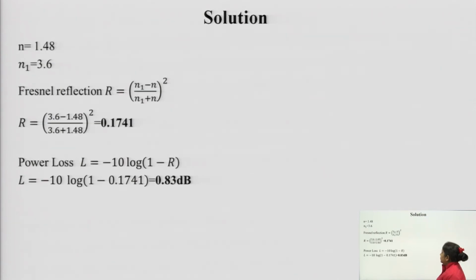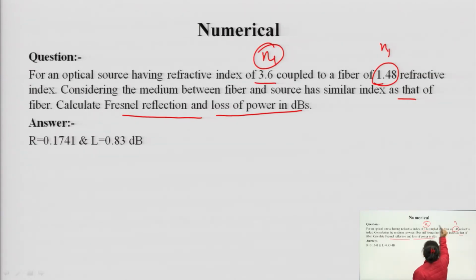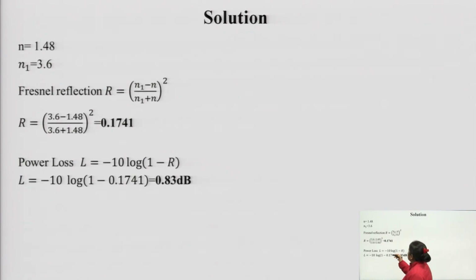Here we are going to have this. Let us do this. R equal to (N1 minus N)... we are having this from the formula itself.